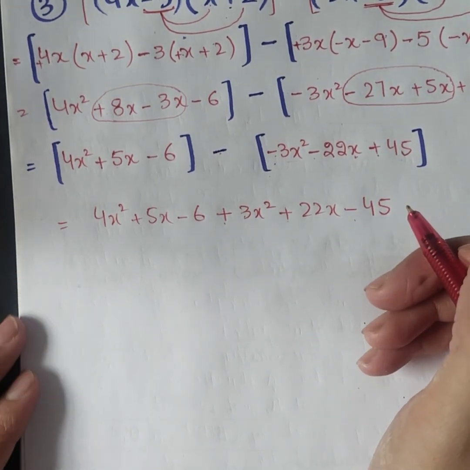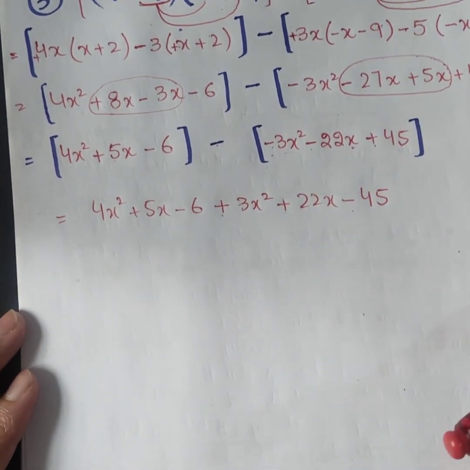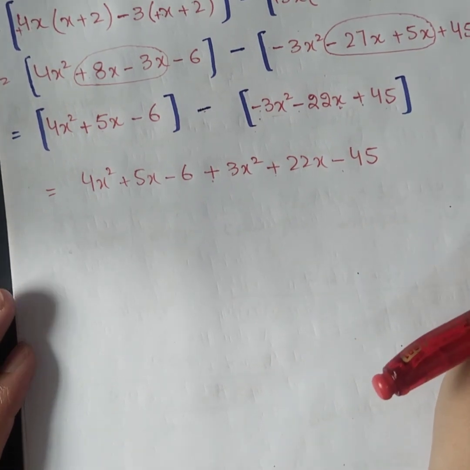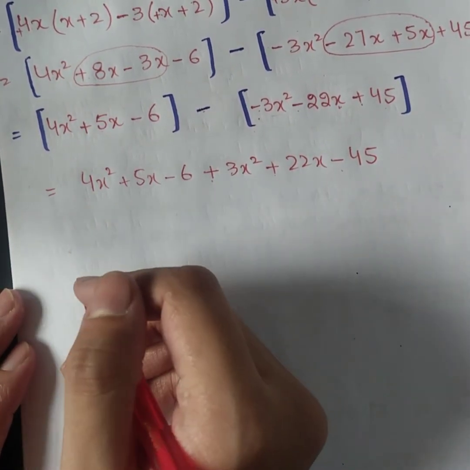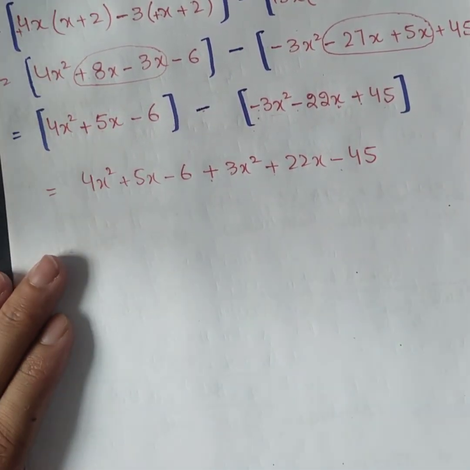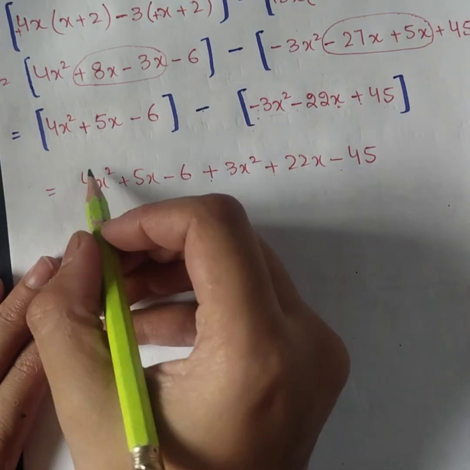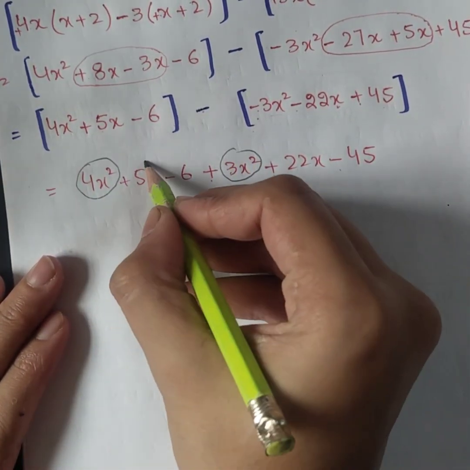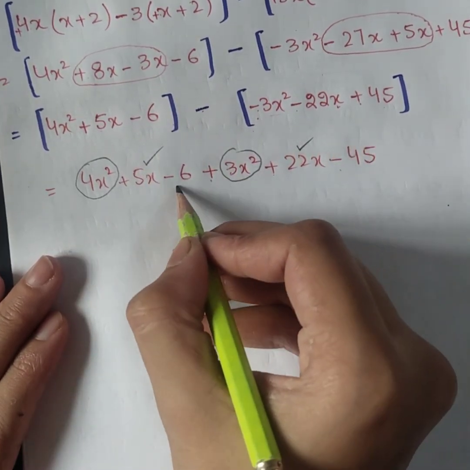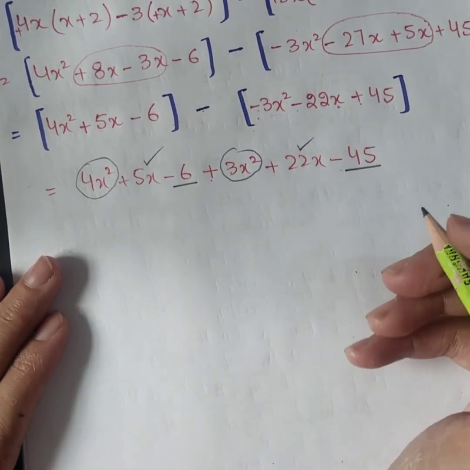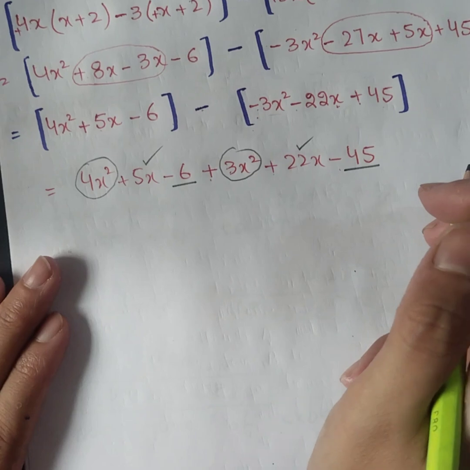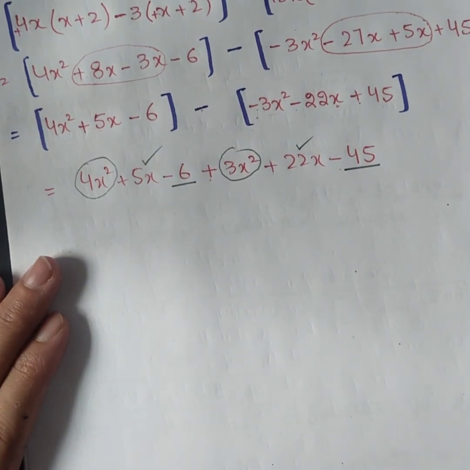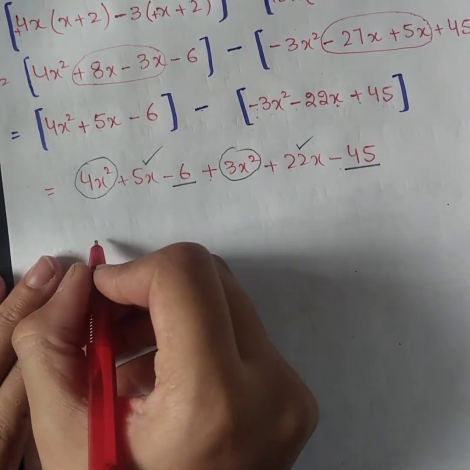Now what we have to do, we have to simply resolve those terms which are similar. Look, which terms do you see as similar? Here is x square and here is x square, and here is x, and this is the constant term, this is the constant term. So you can also compile them, means arrange them.